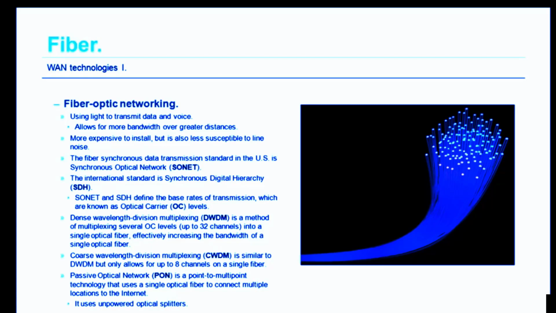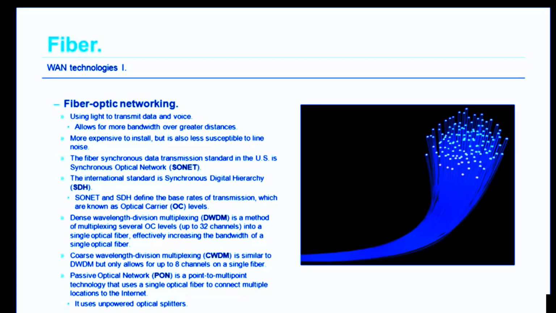Instead of DWDM, you could use CWDM, coarse wavelength division multiplexing. It's similar to DWDM, but it only allows for up to 8 channels on a single fiber.